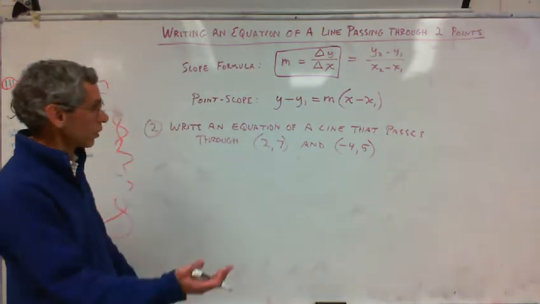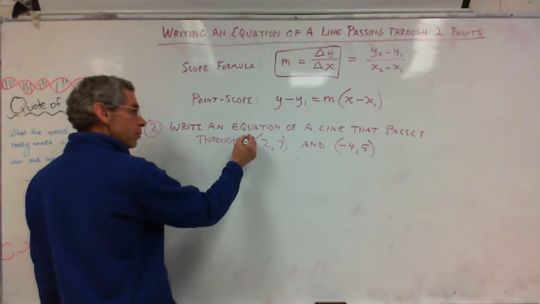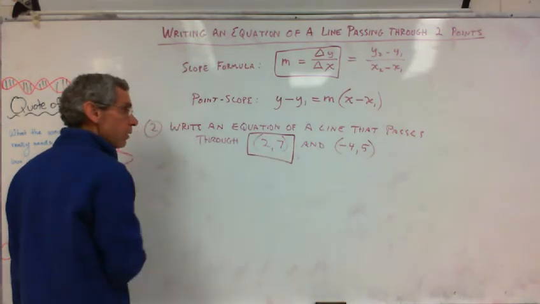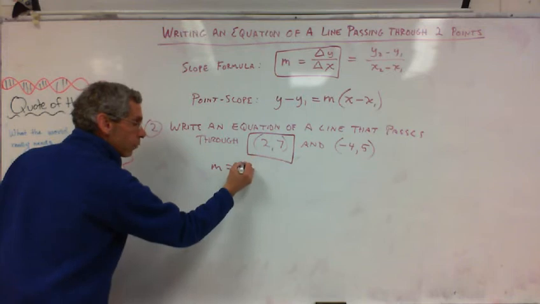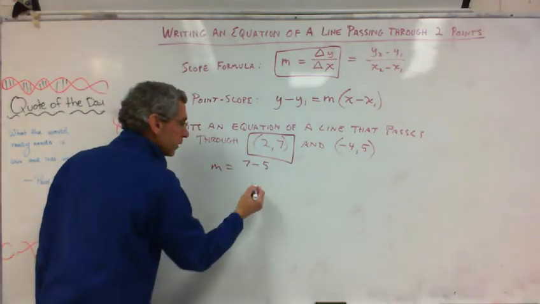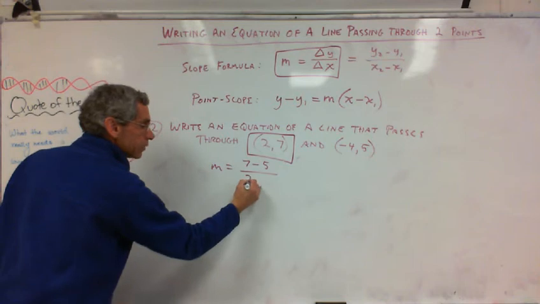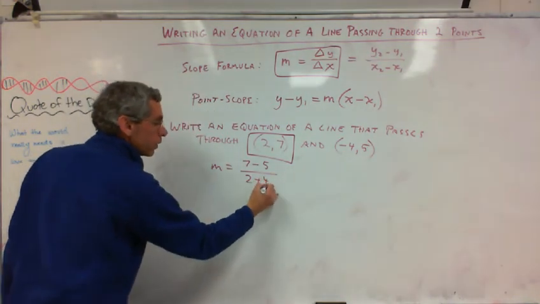Using this. So I'm going to look at this. The way I would do it is I would see that's my bigger y. I'm going to put a box around that one. My slope is that y over that x: 2 minus minus 4, which is plus 4.